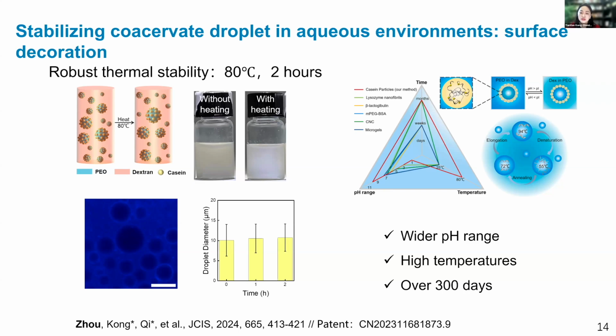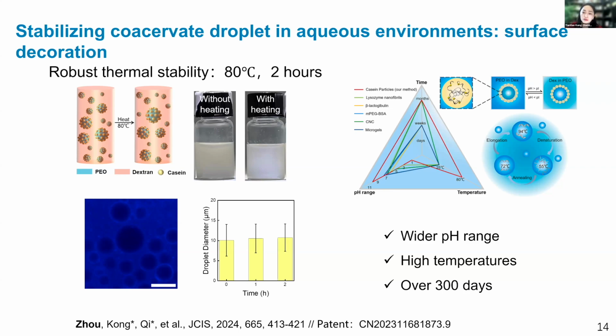The comparison reveals that these keratin nanoparticles are very stable. They maintain their structure over a year, even under harsh conditions. So this is ideal for demanding applications that require a long shelf life of water-water emulsions.